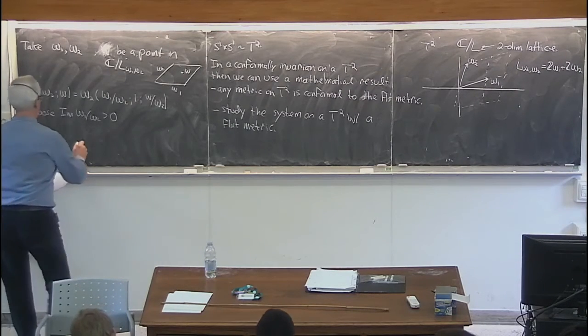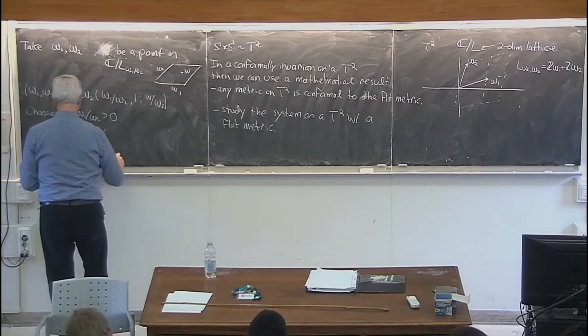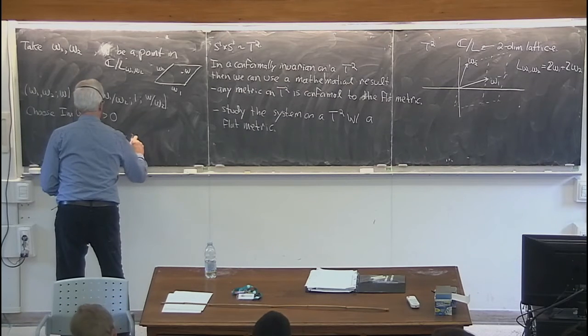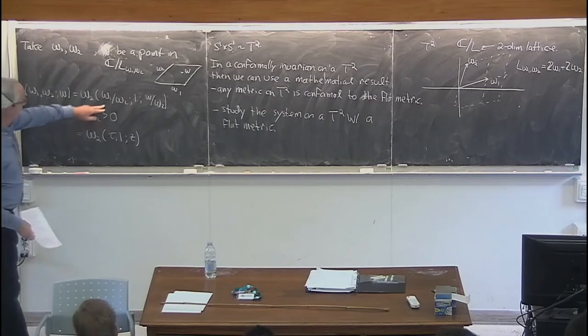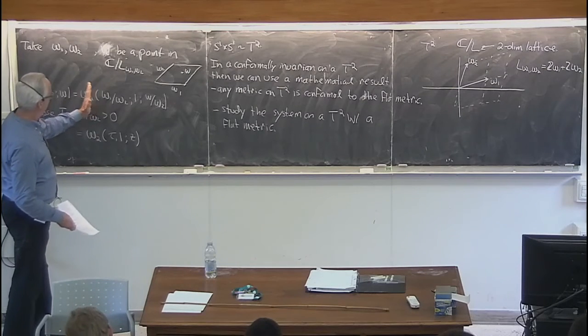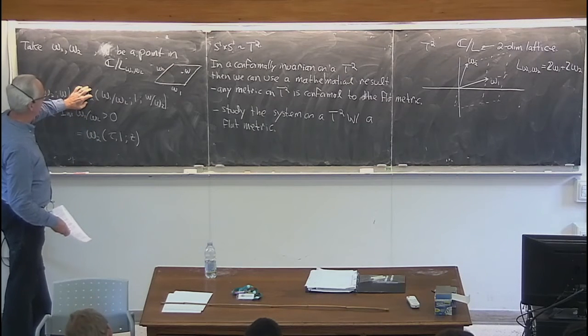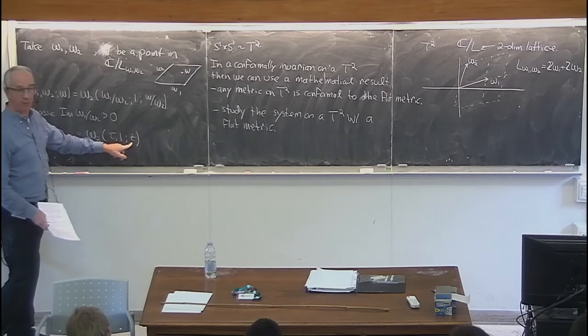And I will then write this as omega 2 times tau 1 and z, where now tau is just this ratio, and I've rescaled everything by pulling out a factor of omega 2. So this is just a scaling of the lattice and a scaling of the point within the lattice, and I'll call my rescaled point on the torus z.